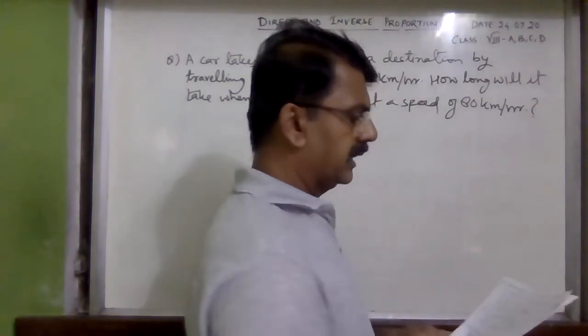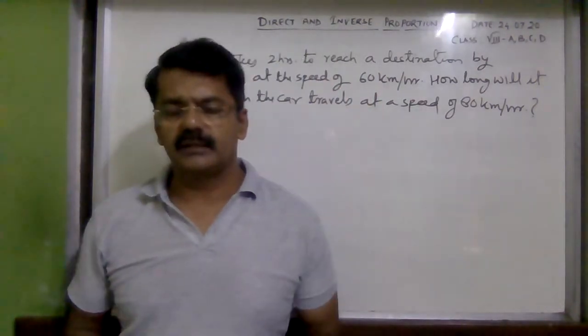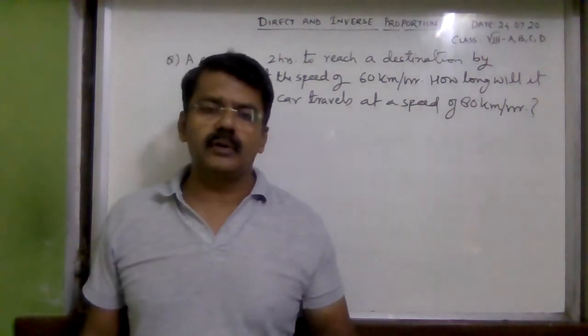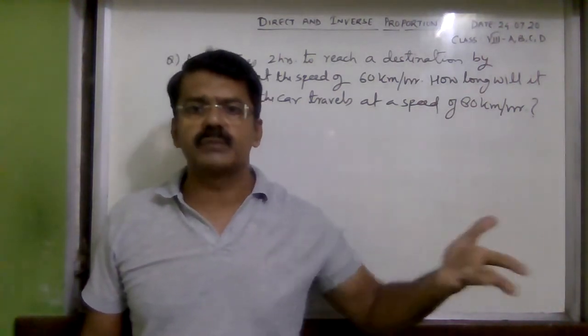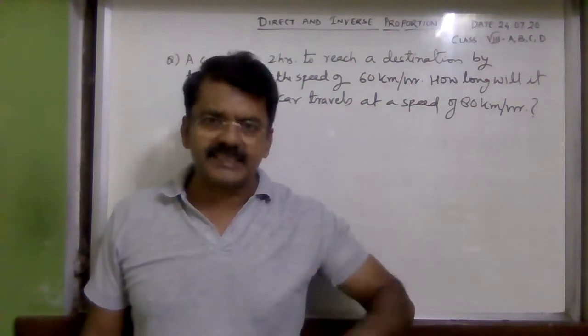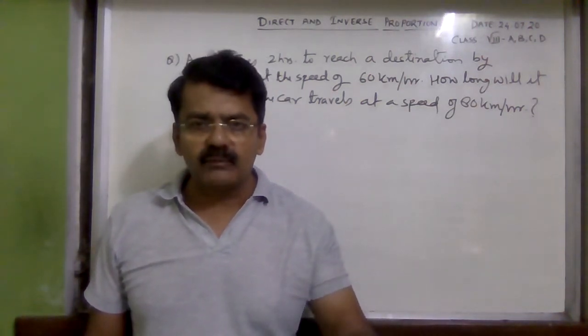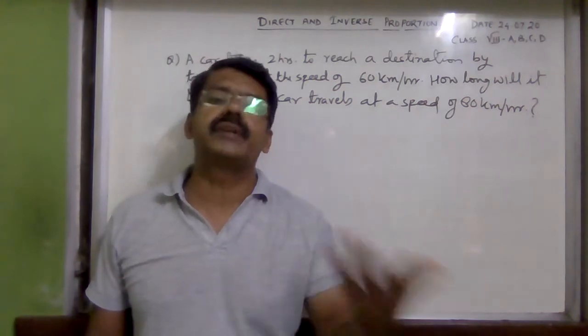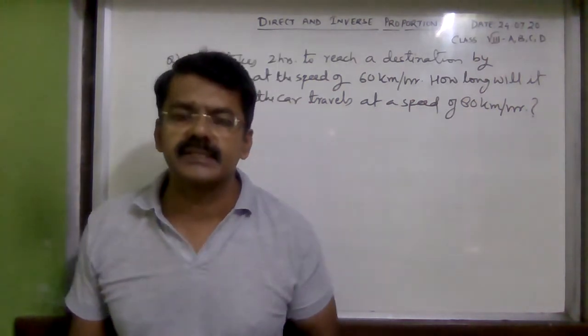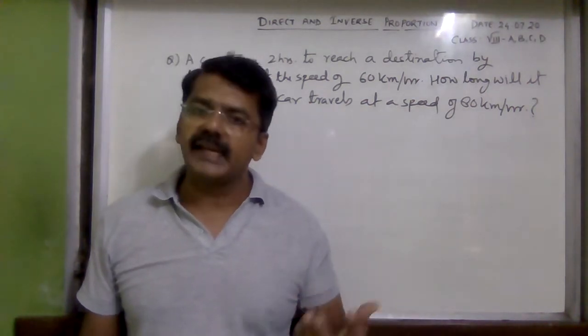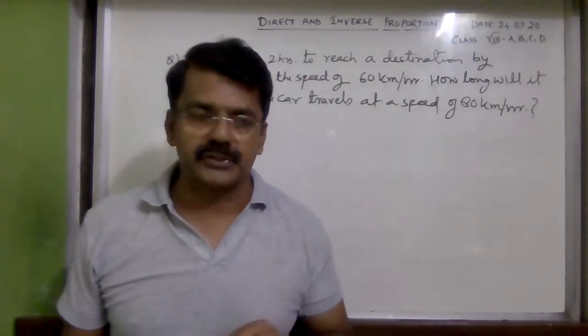Now see, here the two quantities are the speed of the car and the time taken. If a car travels with more speed, then less time will be taken to cover a certain distance. And if the car moves with less speed, then more time will be taken to cover the same distance. That means the two quantities here are again in inverse proportion.